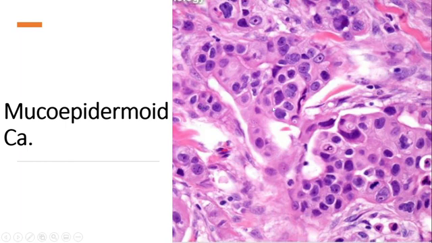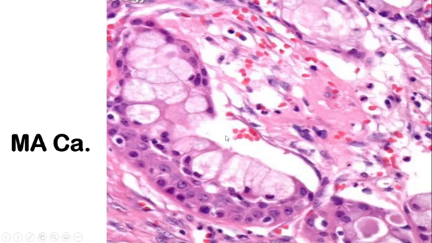Pleomorphism is very prominent with multiple nucleoli, in addition to the double cell population, that is the squamous epithelium and clear cells or mucin secreting cells. So it is called mucoepidermoid carcinoma.